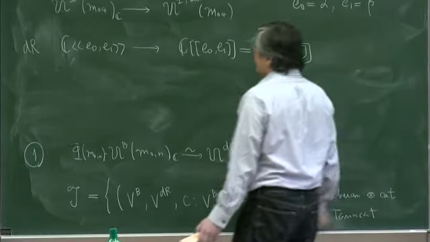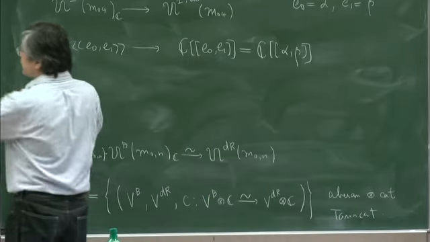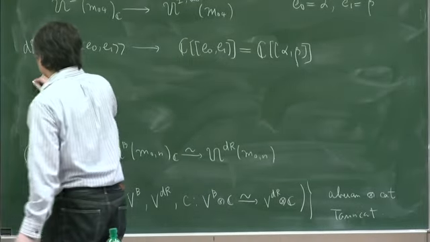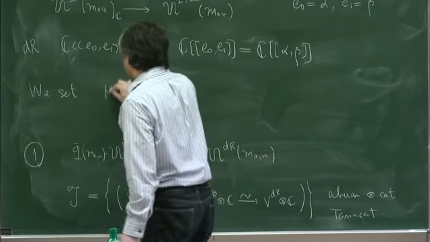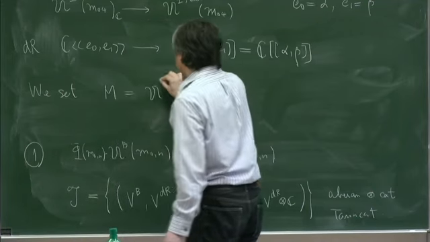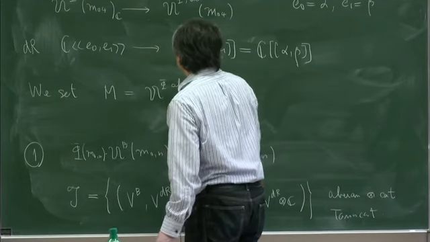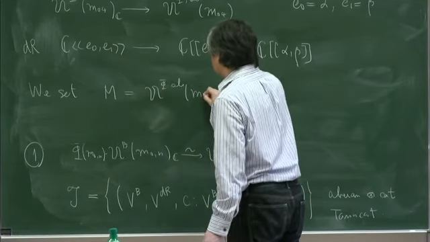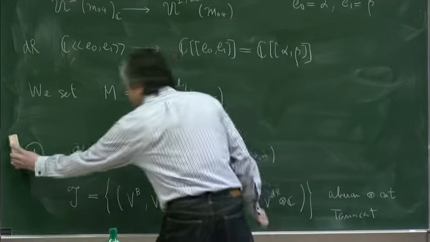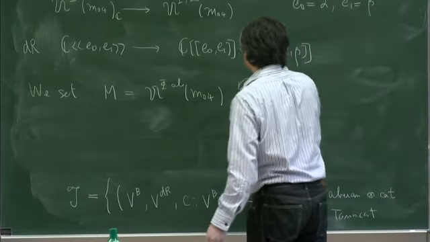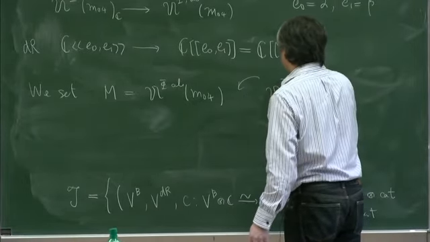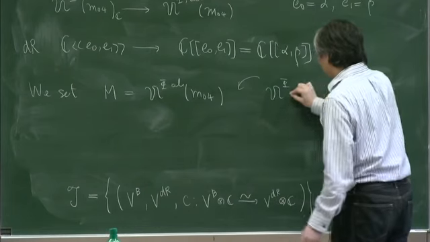And to define this, we set M to be U phi of M04. Then this becomes a U phi module.